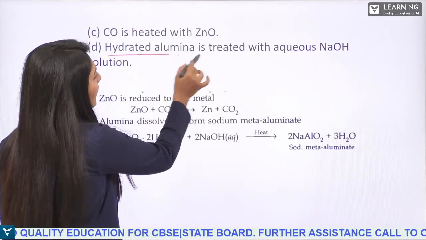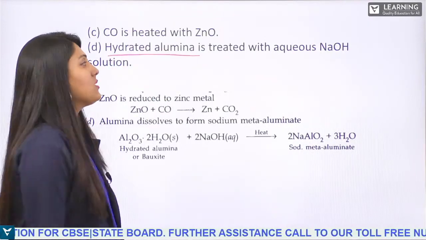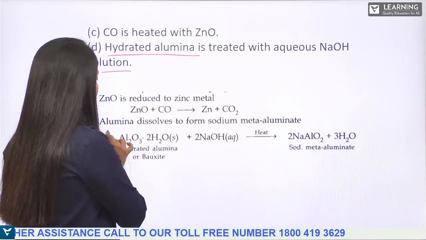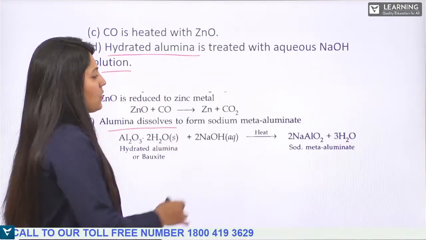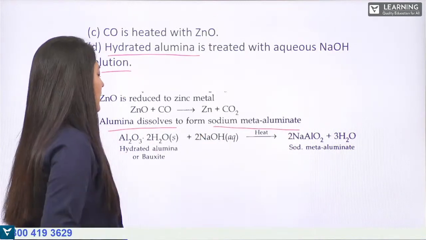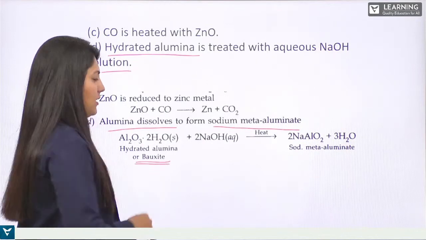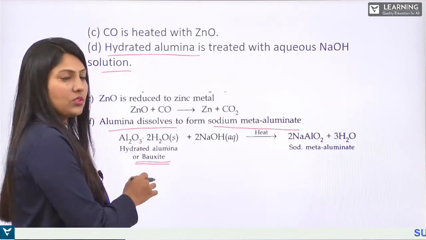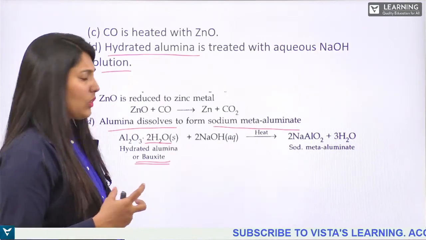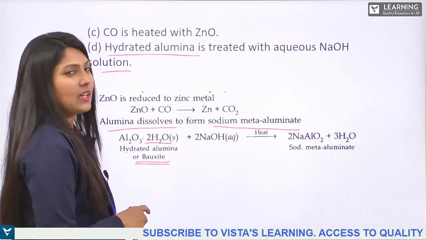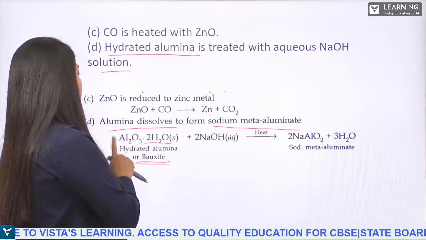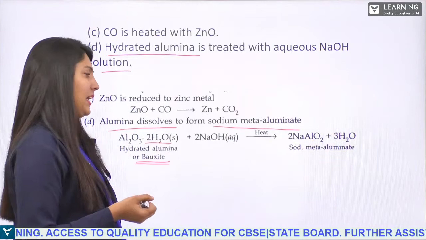Next, hydrated alumina is treated with aqueous sodium hydroxide solution. So alumina dissolves to form sodium meta-aluminate. Hydrated alumina, or bauxite, Al2O3.2H2O, is the oxide form of alumina present as an ore, from which aluminium will be extracted.